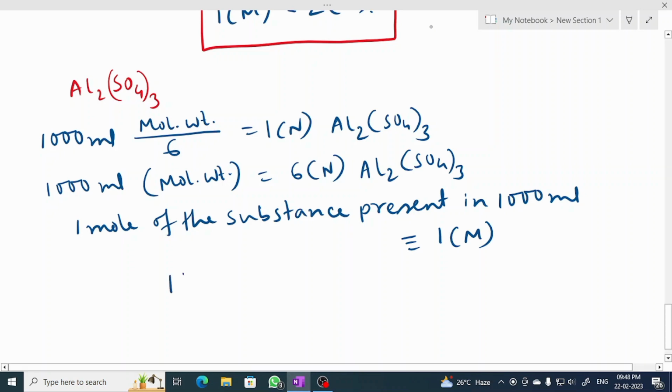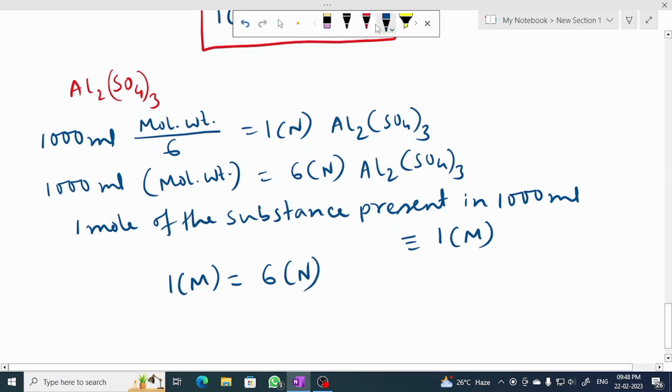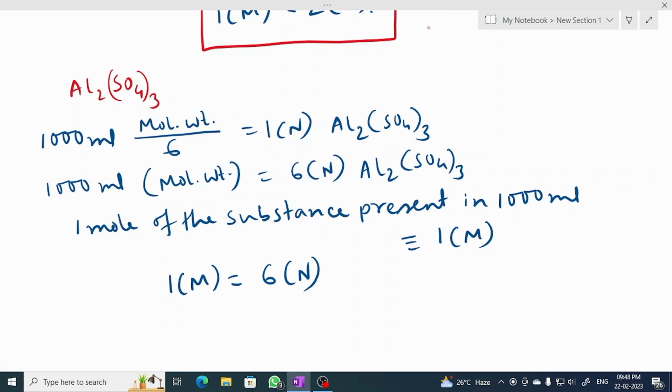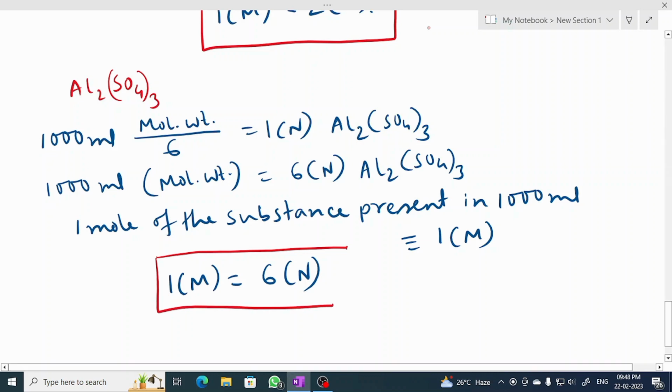So here 1 molar is equal to 6 normal. For aluminum sulfate, we derive that the relation between molarity and normality is 1 molar is equal to 6 normal. That is the way we can evaluate the relation between molarity and normality. This is the easy trick.